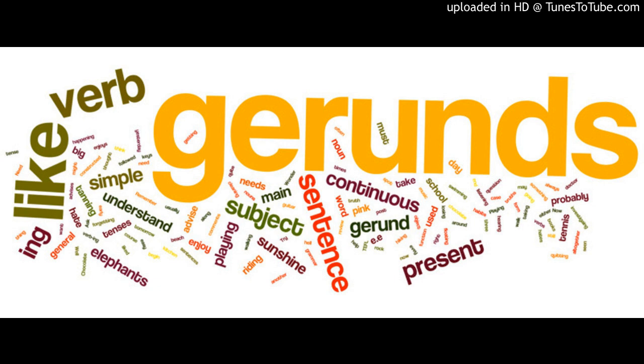There we go. So, as you can see, there are numerous ways that we can use a gerund. It's not just a simple type of word with only one function. It has a variety of functions in a variety of ways that we can use it in different parts of a sentence. Now, never confuse a gerund with a continuous verb.